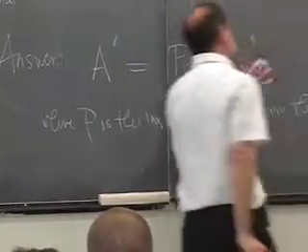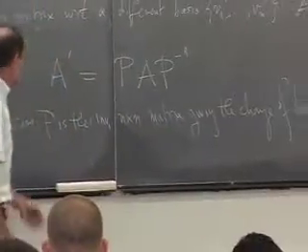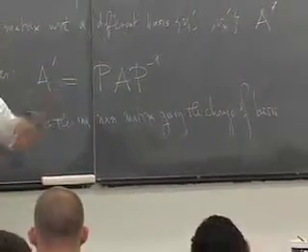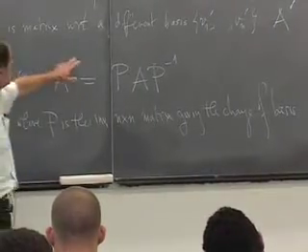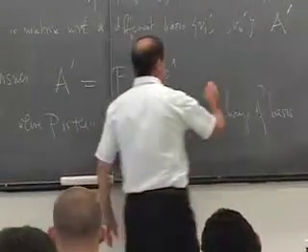Namely, if you write the coordinates of one basis in terms of the other basis, that gives you the matrix P. I won't say which basis in terms of which other basis. It's too horrible. And this is called the conjugate matrix.